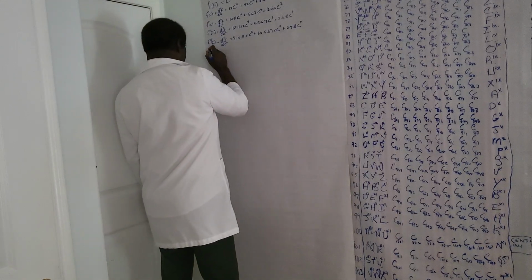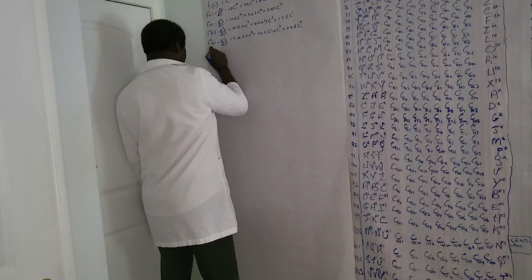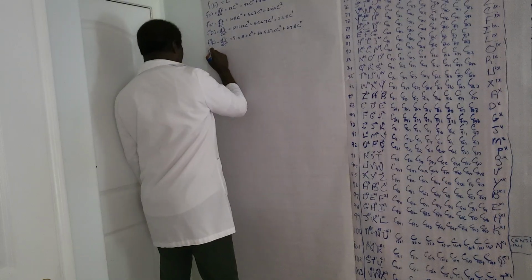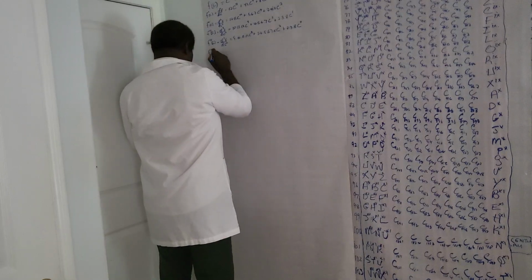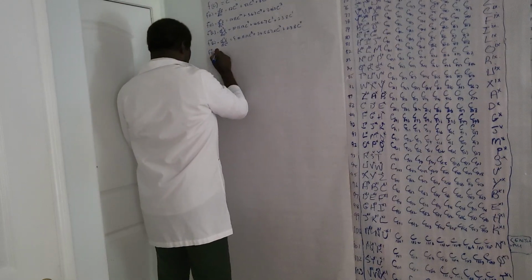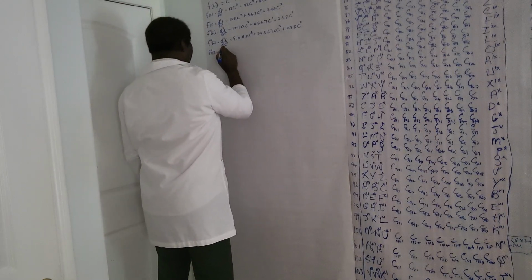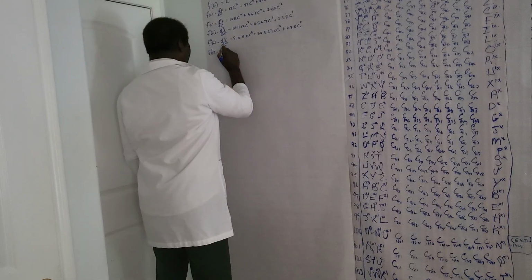And so as we move along, we said now f fifth of C will be equal to d fifth f by dc fifth.